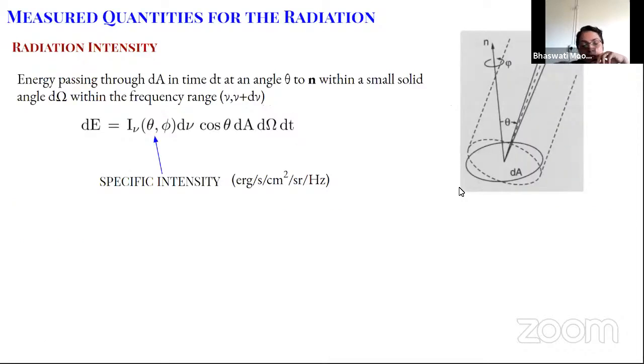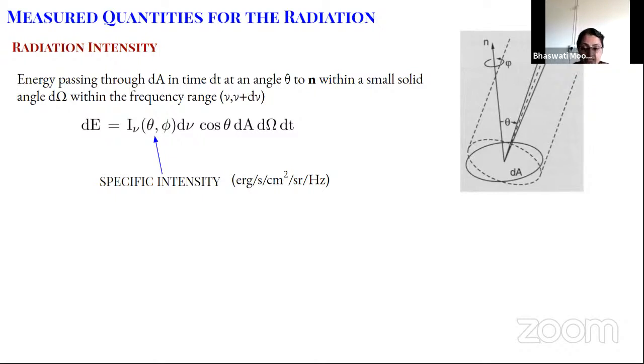Now, before we try to understand what arises from what, we need to have some formalism set up. Primarily, as I said, we are trying to measure the radiation coming from an astrophysical object, so we need to define some physical quantities with which we can compare, say, 2 objects. One basic quantity which we measure is the intensity.